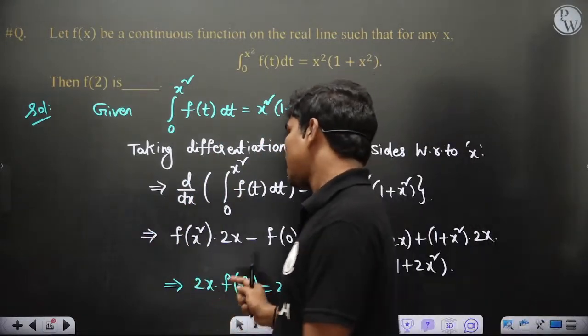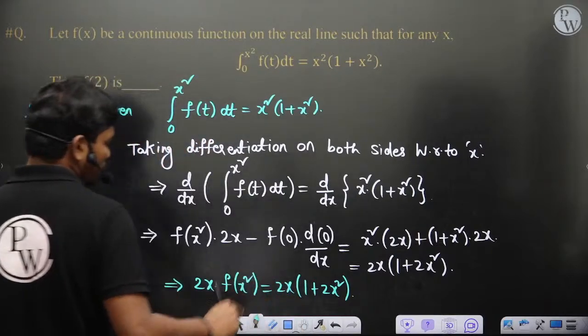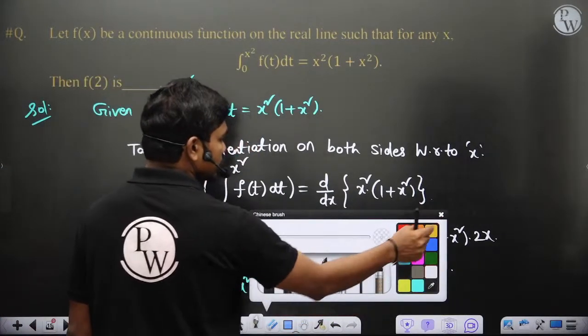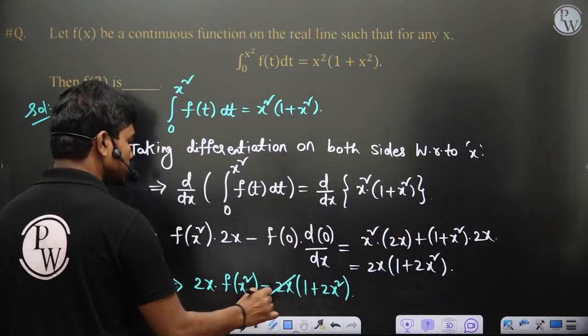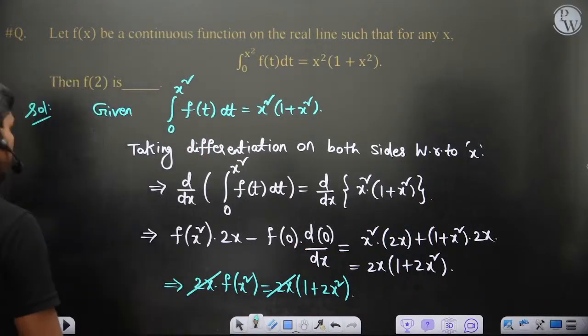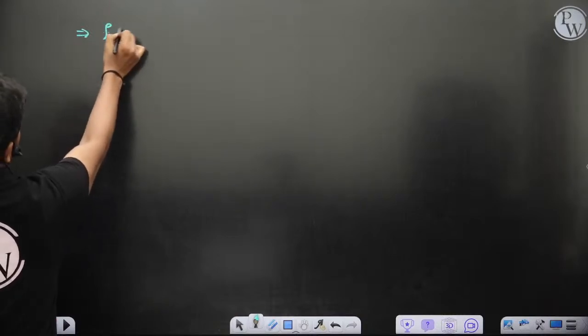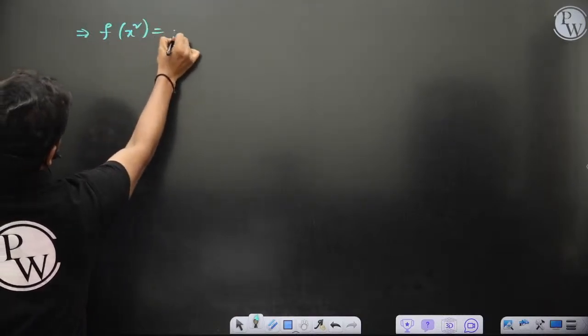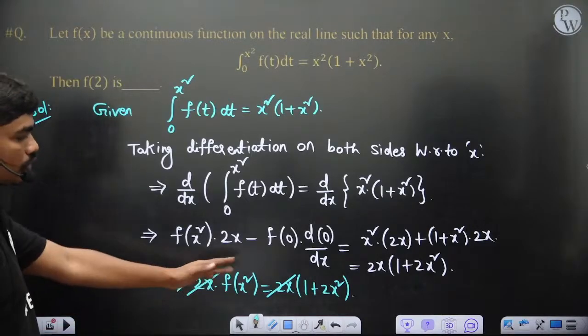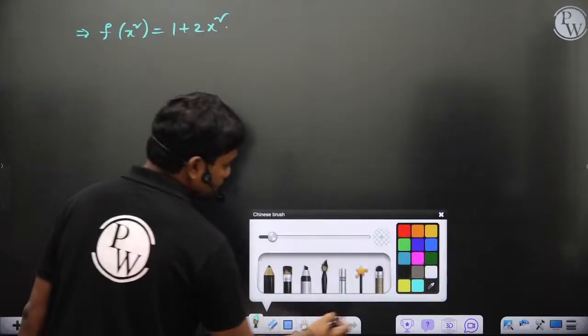So now since this is valid at any point, you can cancel this 2x, and f of x square is equal to 1 plus 2x square. We don't know what f of x is, but anyway we know f of x square is equal to 1 plus 2x square.